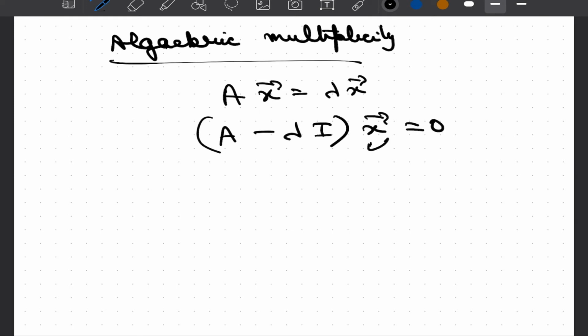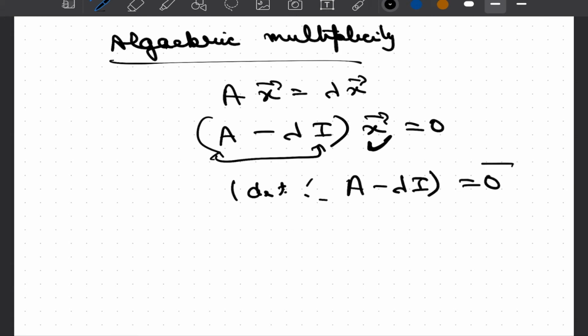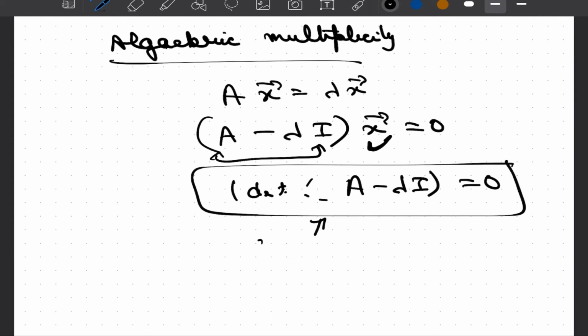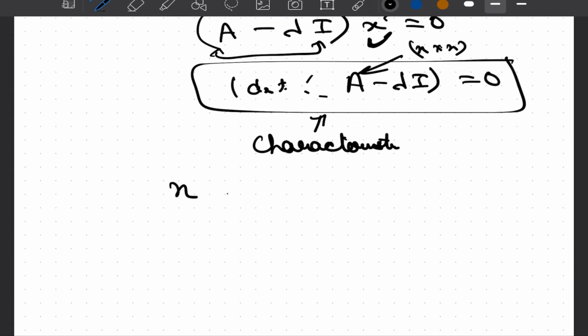Either X has to be 0 or A minus lambda I has to be 0. In case X is not equal to 0, for a non-trivial solution, the determinant of A minus lambda I equals 0, and it becomes the characteristic polynomial. If A is of size n cross n, we will have n solutions.